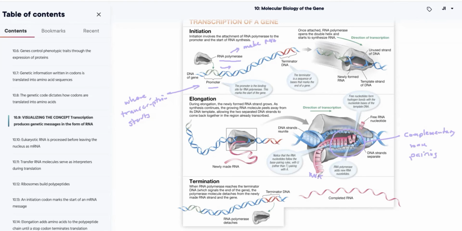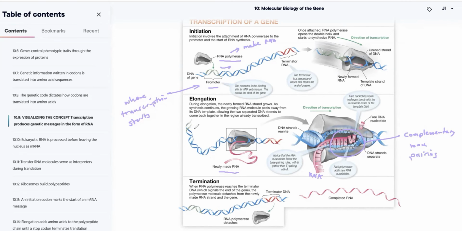And the RNA molecule is being shot out as the RNA polymerase is pushing its way down the DNA molecule, right? So elongation refers to the fact that during this process, the newly made RNA is being elongated. It grows longer and longer and longer.